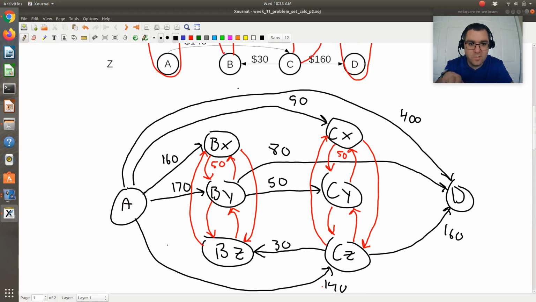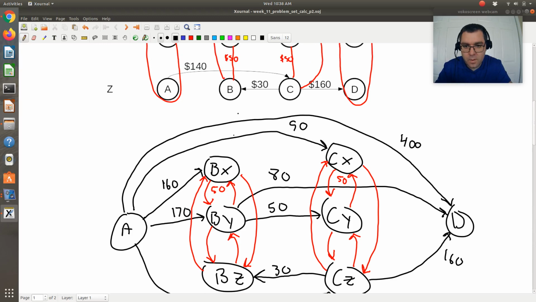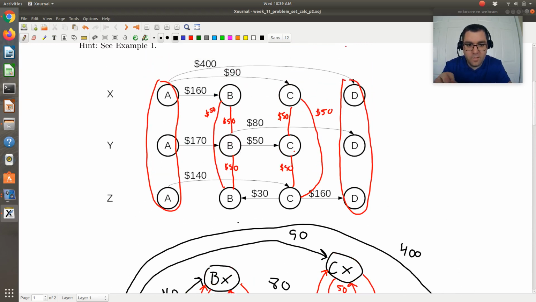Okay, so in terms of airline X, again, I'm going to have A to B, A to C, and A to D, where B and C I designate with this X. Right, and I could even get that from this top diagram.